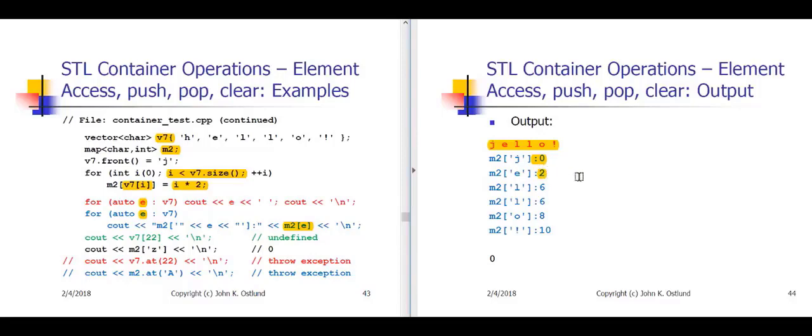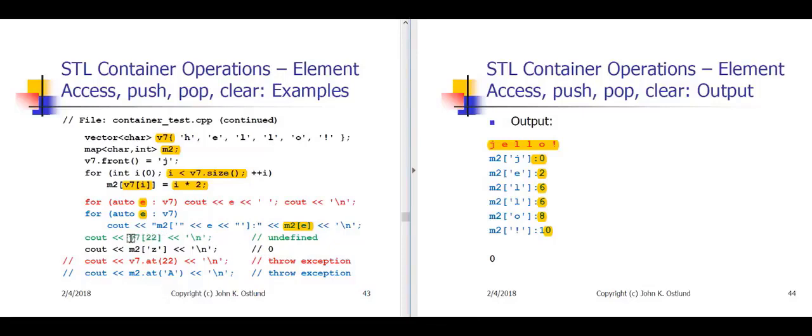The third time, I'm told that M2 sub little l is 6. And because I have 2 little l's in v7, I also get a 6 when I look up M2 sub little l again. And then, of course, I get 8 for my key of little o and 10 for my key of exclamation mark.